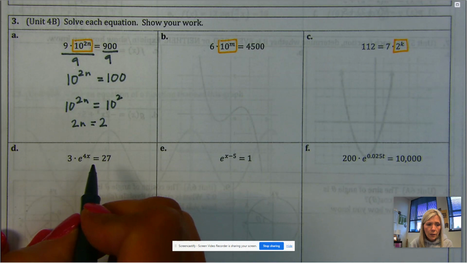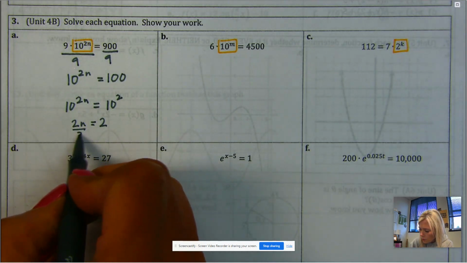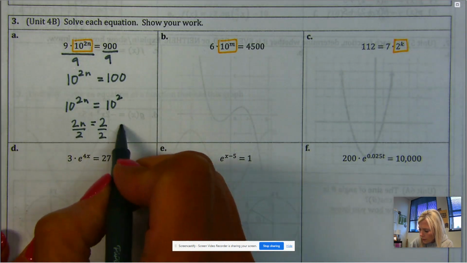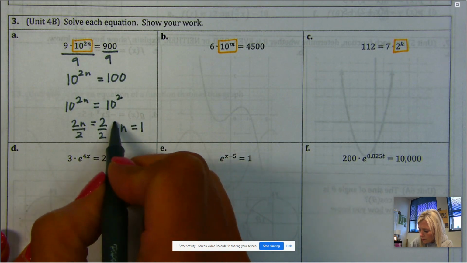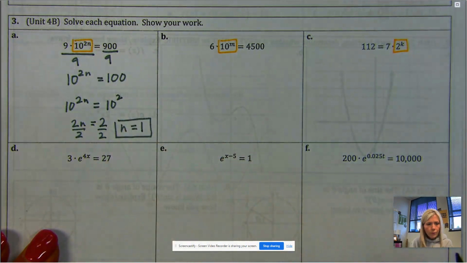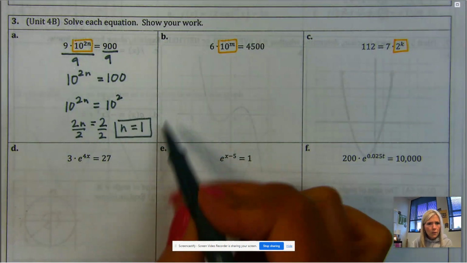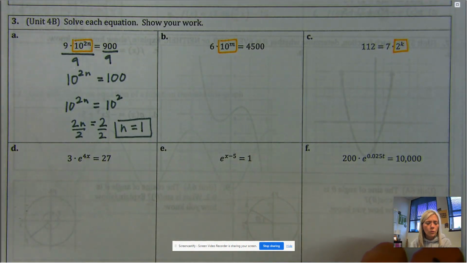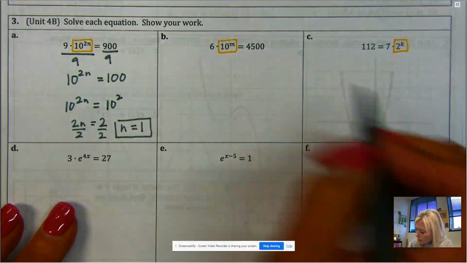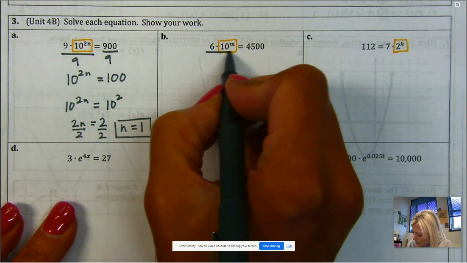So if 2n equals 2, then divide by 2, and n is equal to 1. All right, so sometimes it's just a math fact and you don't have to use a logarithm to solve.